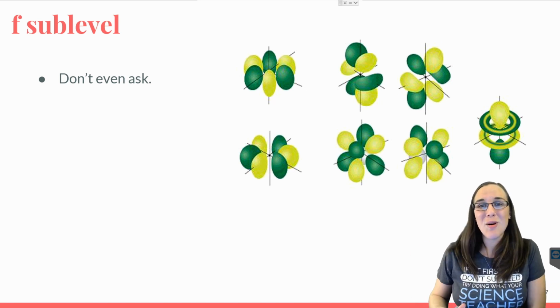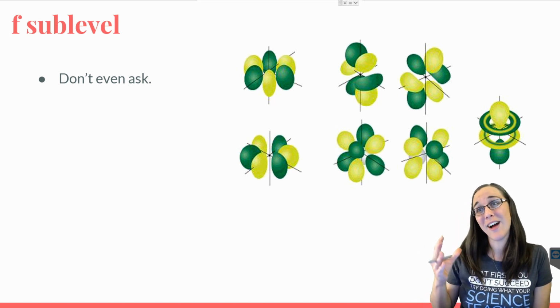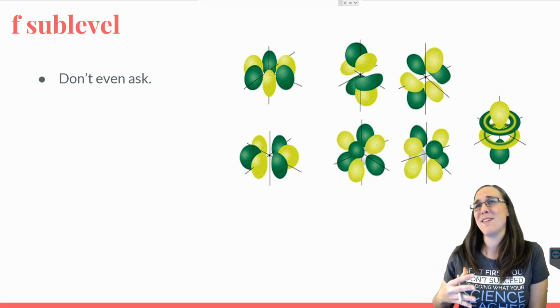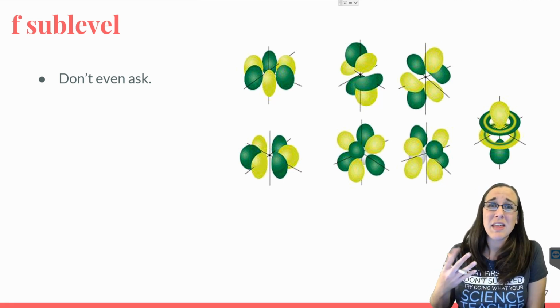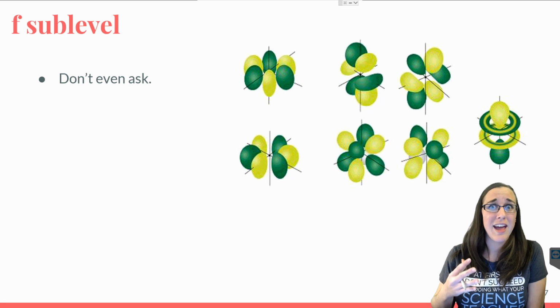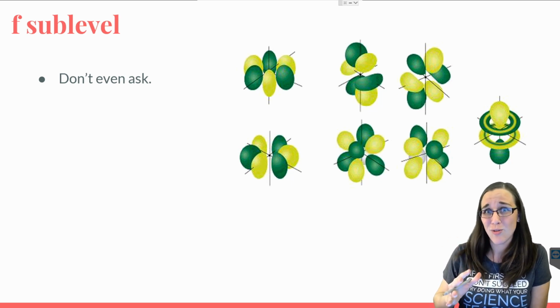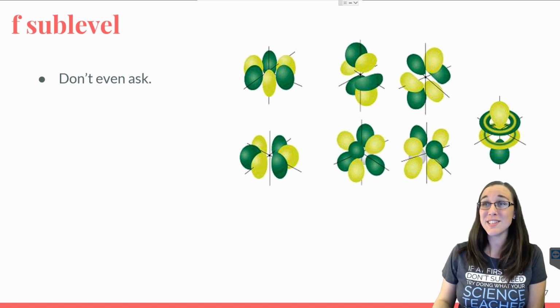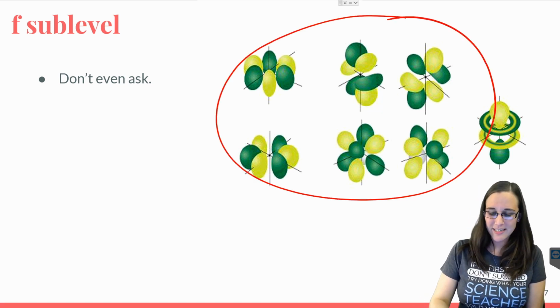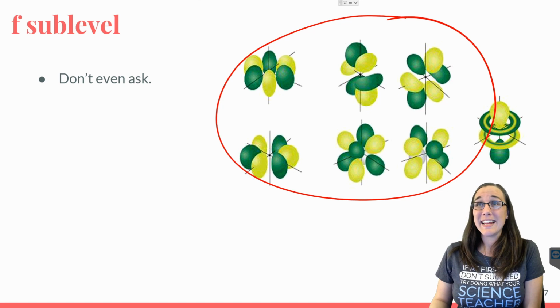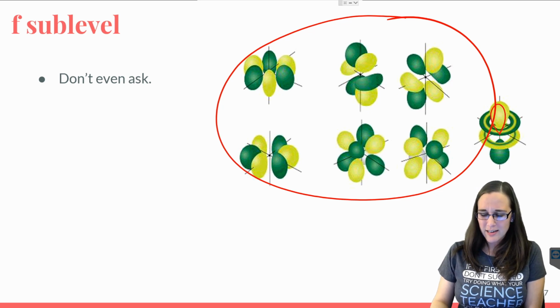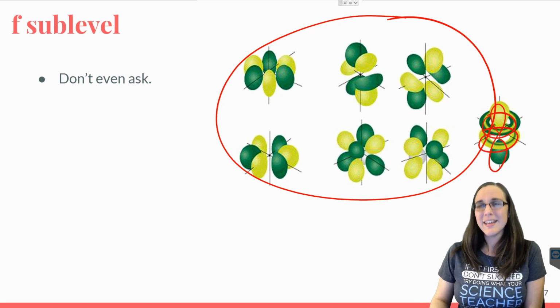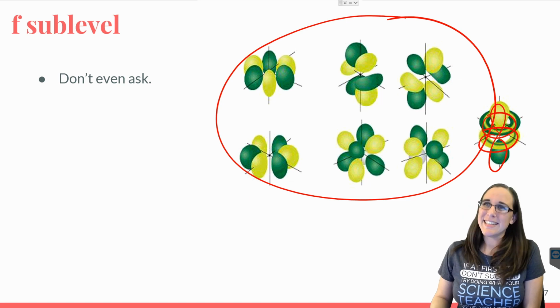There are too many orientations to even wrap your head around to be able to draw this in any feasible way. So think of the F sublevel as the F that. There's no way I'm going to draw that over my dead body kind of thing. But the F sublevel has all of these orientations that you can see here, and also a weird looking dumbbell version with 2 donuts as opposed to 1 donut, like the D sublevel did.